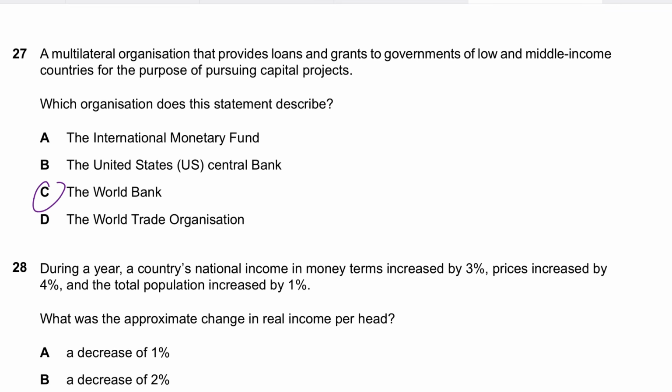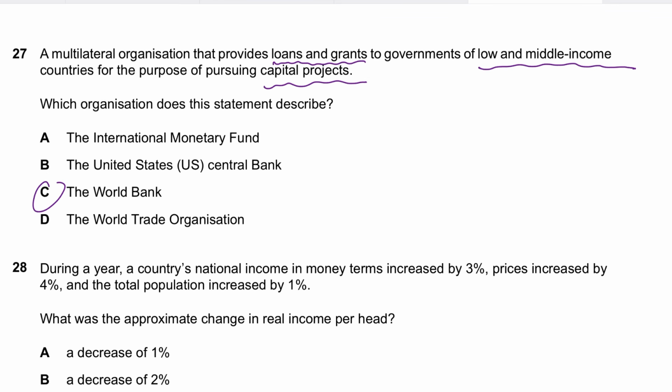The World Bank finances long-term development projects like roads, bridges, schools, hospitals, electricity generation, and water supply systems. Its main objective is to promote economic development, reduce poverty, and raise living standards.